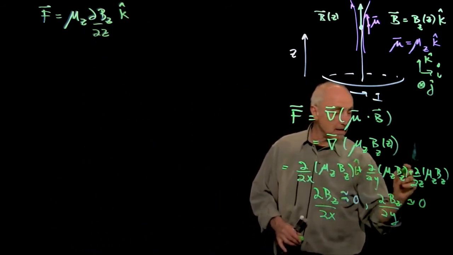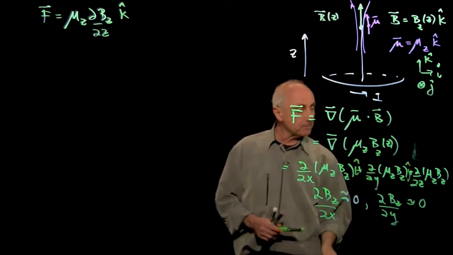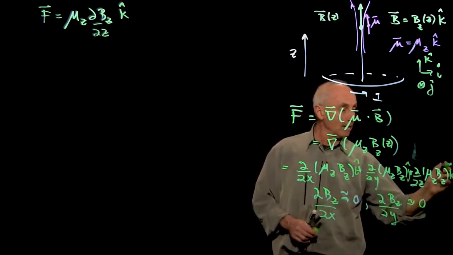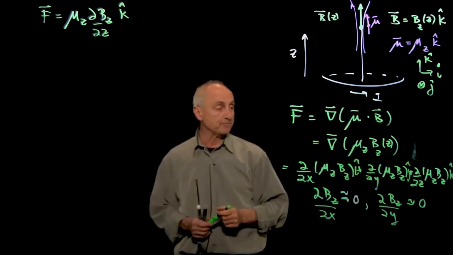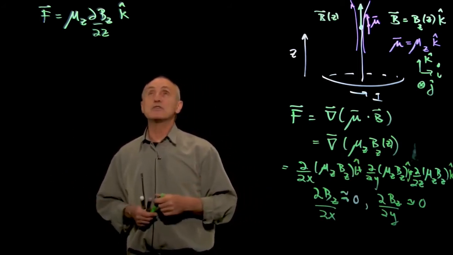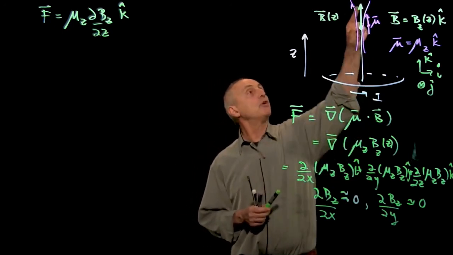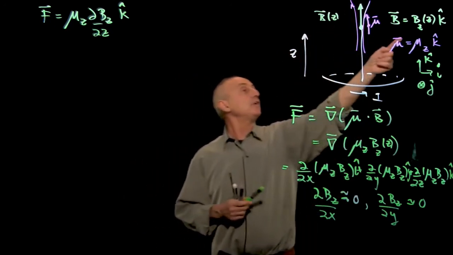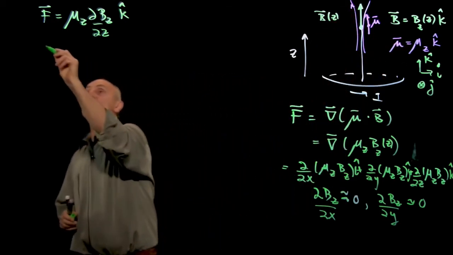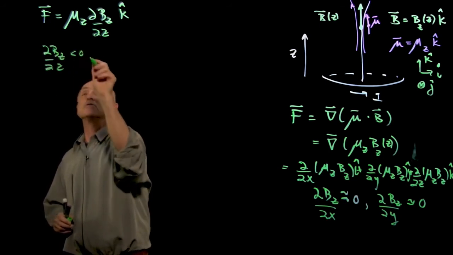There's the i hat component, the j hat component, and the k hat component. Now, let's ask ourselves which way this force is pointing. As we move away from the current loop, the magnetic field component is decreasing the further away you get. So we expect that the partial derivative of the z component is less than 0.